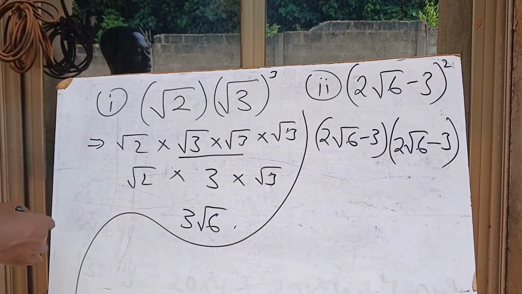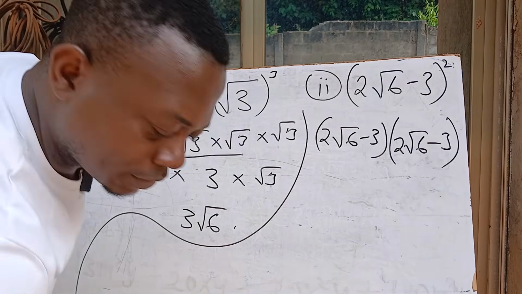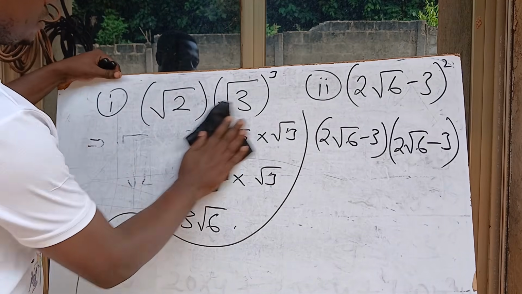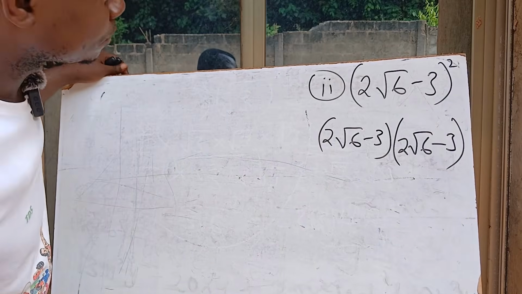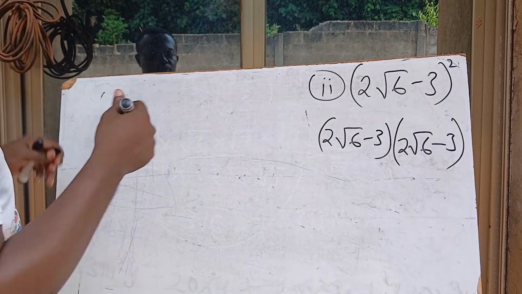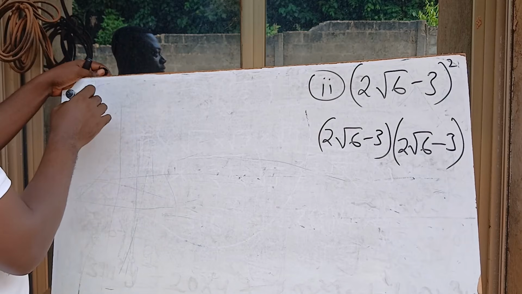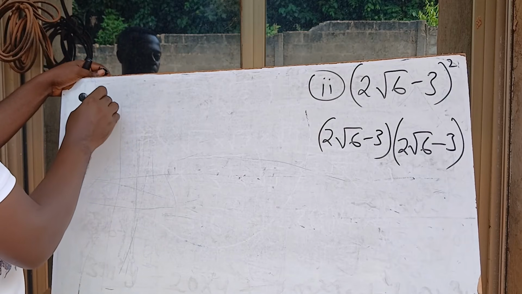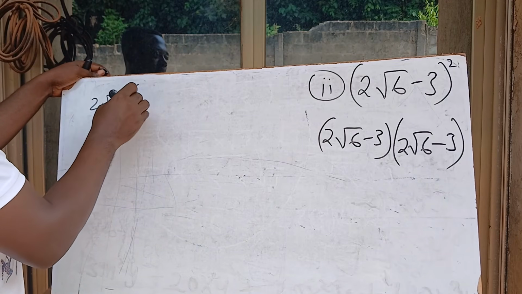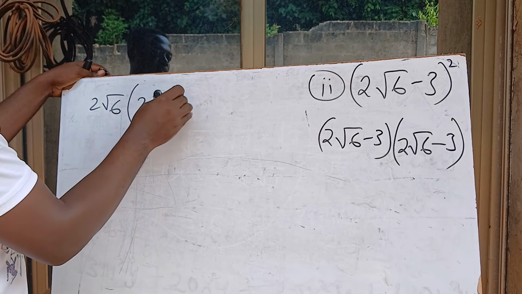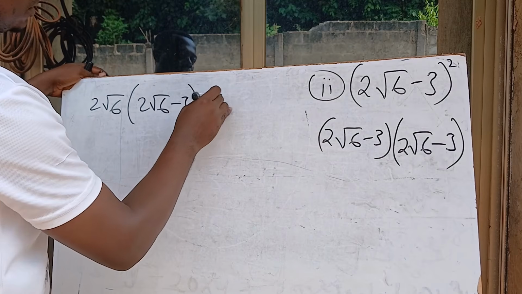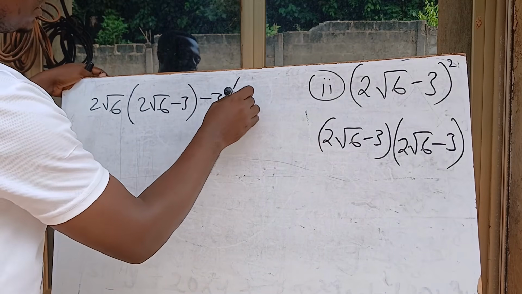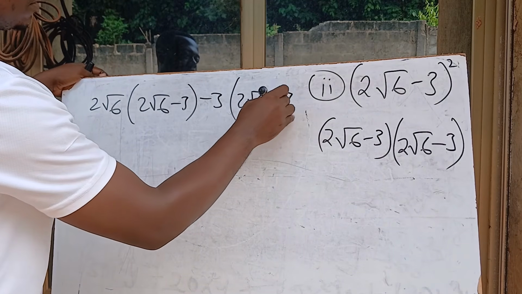Okay, so from here, let me use this part. So that will be 2 root 6 times 2 root 6 minus 3. Then we have minus 3, taking 2 root 6 minus 3.